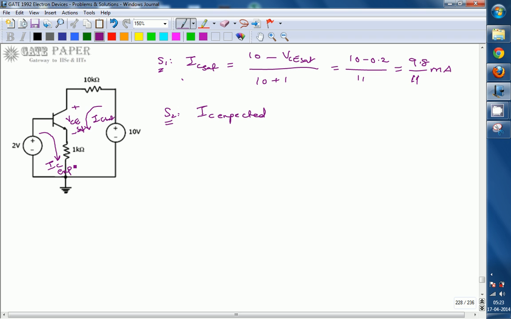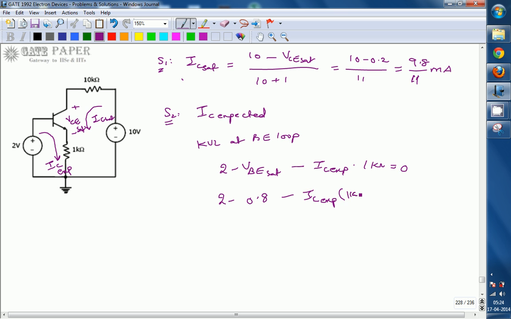For that, apply KVL across the base emitter loop: 2 volts minus VBE saturation minus IC expected into 1 kilo ohm is equal to 0. The base to emitter saturation voltage is a standard value, 0.8. So IC expected is 2 minus 0.8, which is 1.2, divided by 1 kilo ohm, which is 1.2 milliampere.